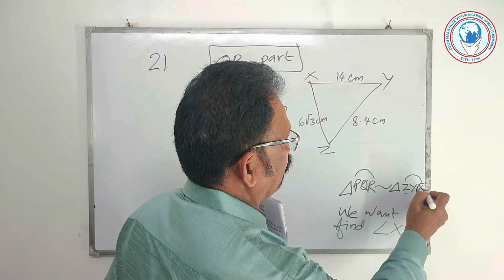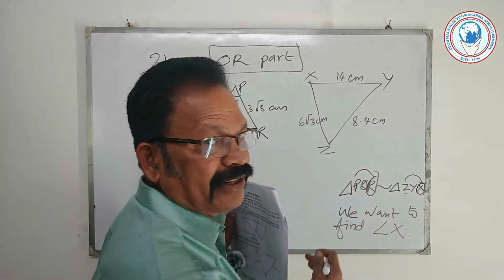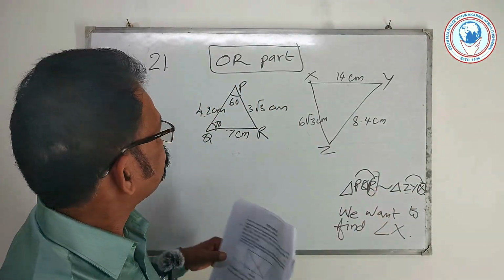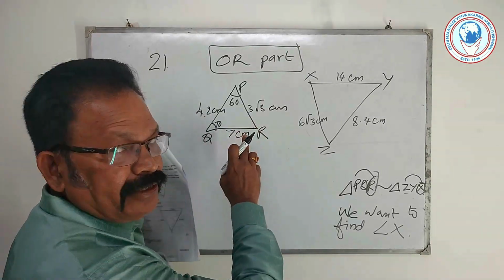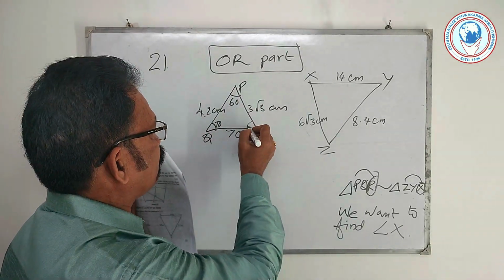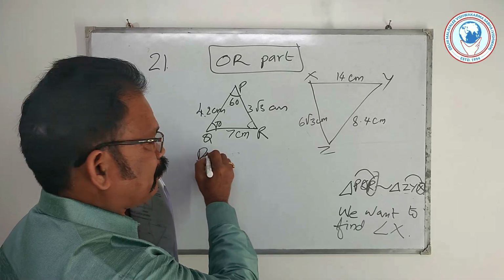So for angle x, here the corresponding angle is R. Now in this triangle PQR, we calculate the angle R by the angle sum property.